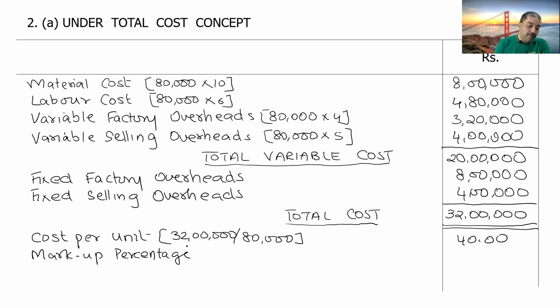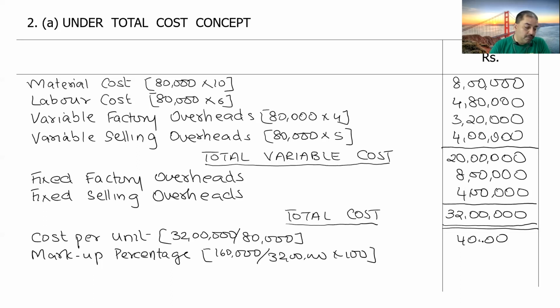For that, I will first take the desired profit, 1,60,000 divided by total cost, 32 lakhs, into 100.